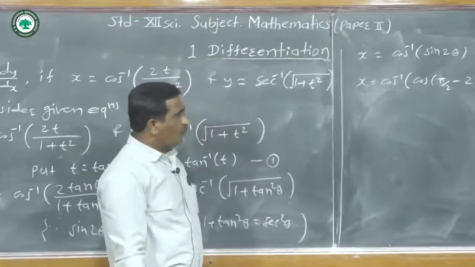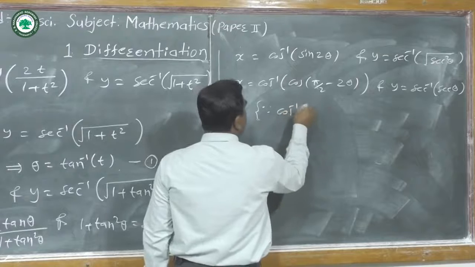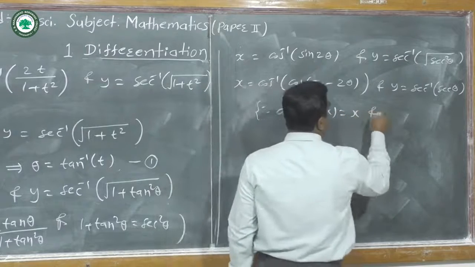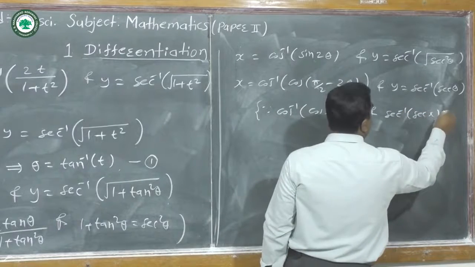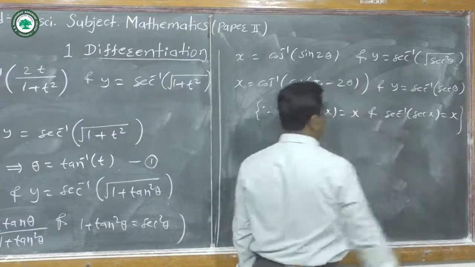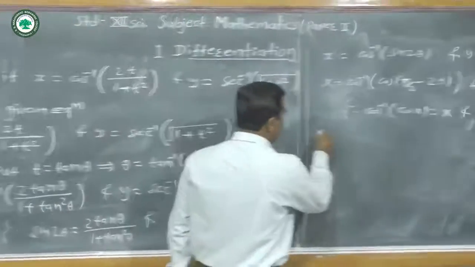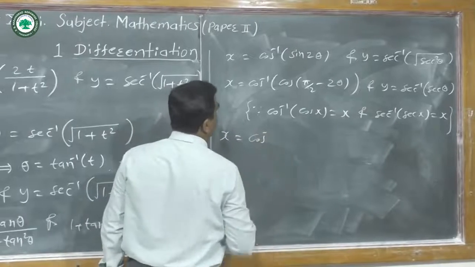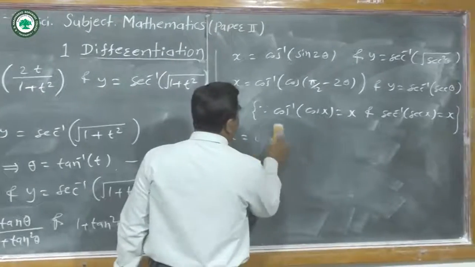Now we use the formulae: cos inverse of cos x equal to x and sec inverse of sec x equal to x. Using these two formulae we can write x is equal to cos inverse of cos of pi by 2 minus 2 theta, which means pi by 2 minus 2 theta.